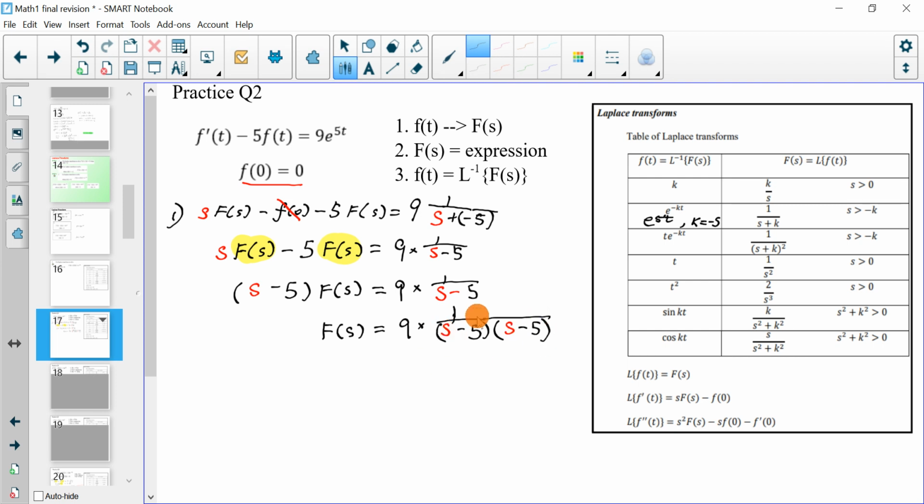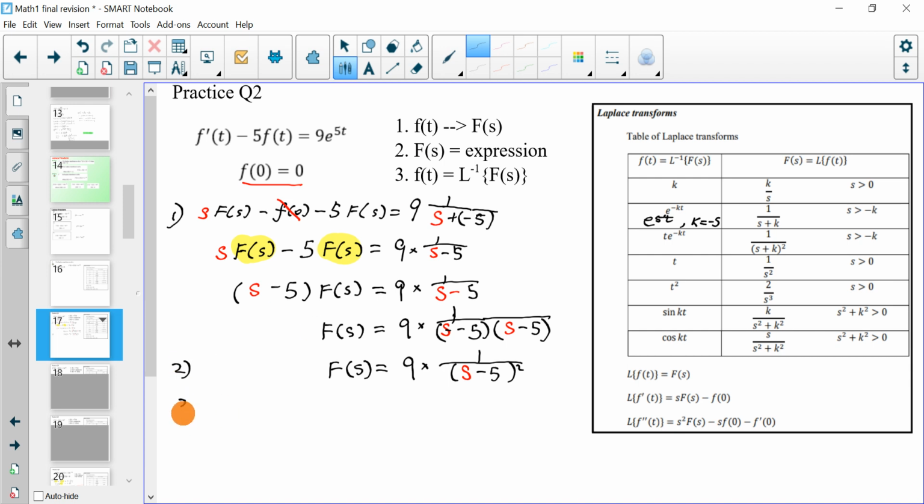Notice the two brackets are the same, so it's simply going to be that item squared. So my final simplified version of the expression is 9 over s minus 5 squared. Okay, so that is the full finished expression of f of s. We've finished our step 2.